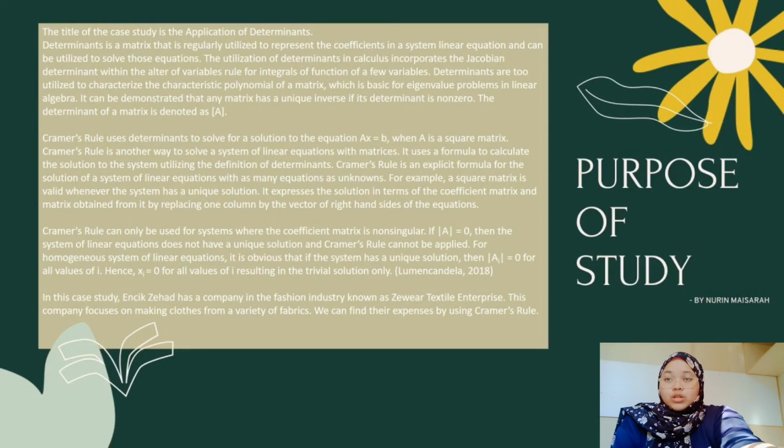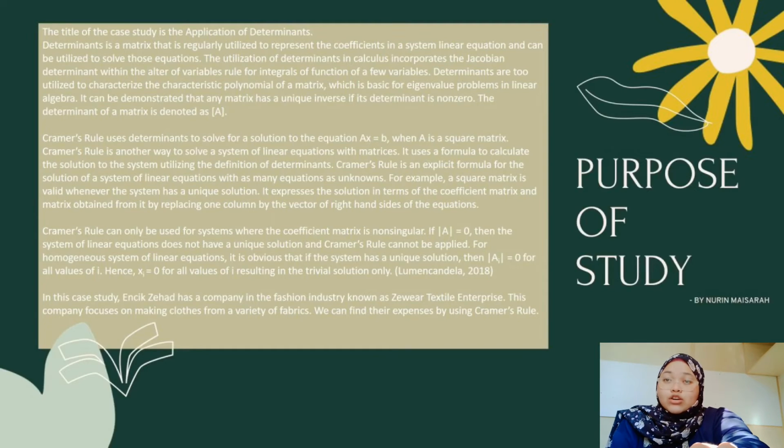Cramer's rule is an explicit formula for the solution of a system of linear equations with as many equations as unknowns. For example, a square matrix is valid whenever the system has a unique solution. It expresses the solution in terms of the coefficient matrix and the matrix obtained from it by replacing one column by the vector of right-hand sides of the equations.